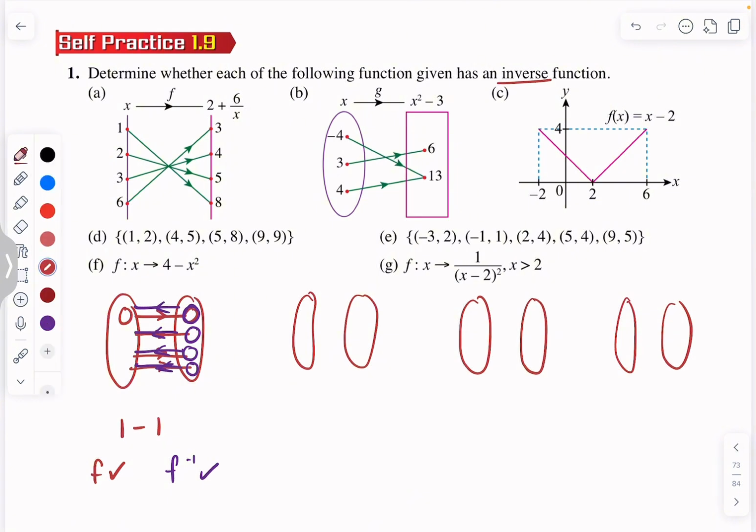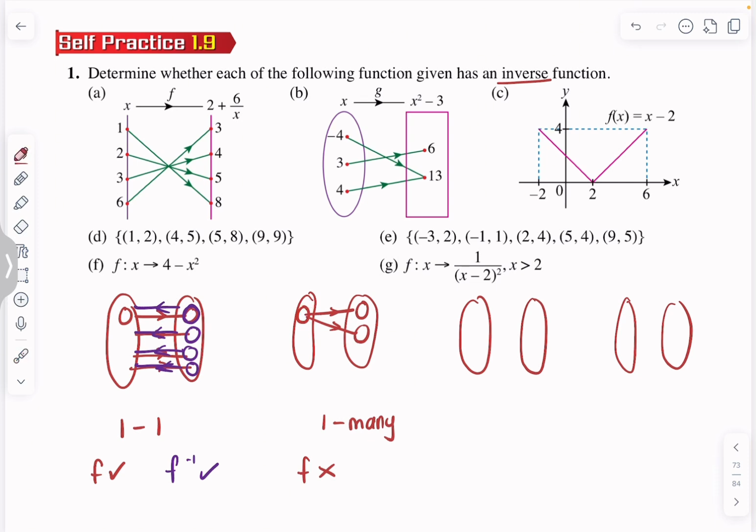Next, if you have one to many, like this, now this one object has two images. So this is not a function. The function f does not exist, because each object has more than one image. Cannot. One object must only have one image.